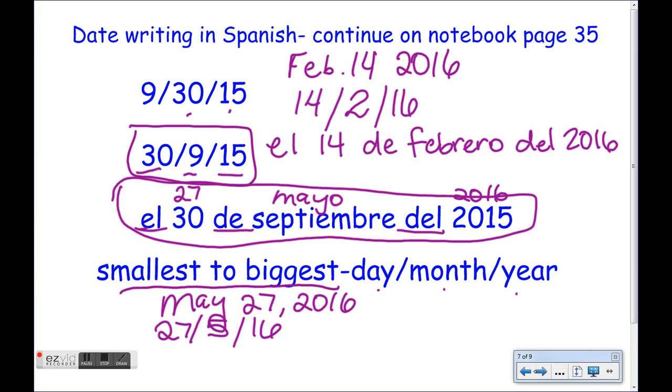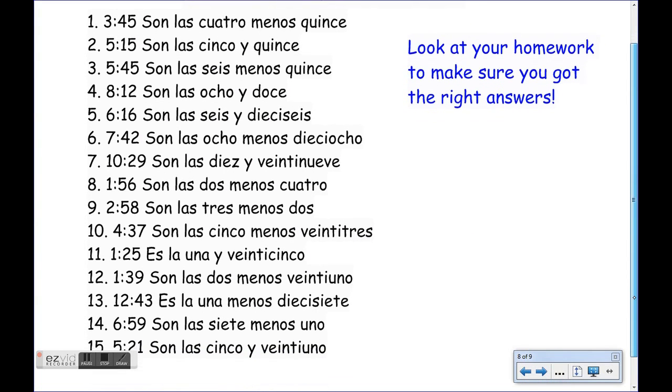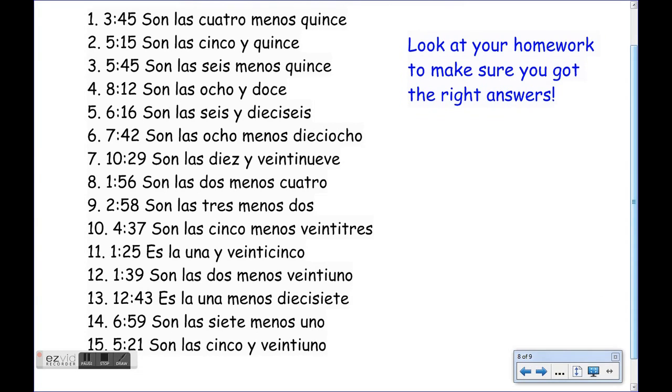Let's continue on. Next we are going to go over our homework from yesterday. It's important that you make sure you got these correct so you know you're doing it correctly. You want to be very careful with number 1, 3, 6, 8, 9, 10, 12, 13, and 14. Those ones you were supposed to write in analog form.